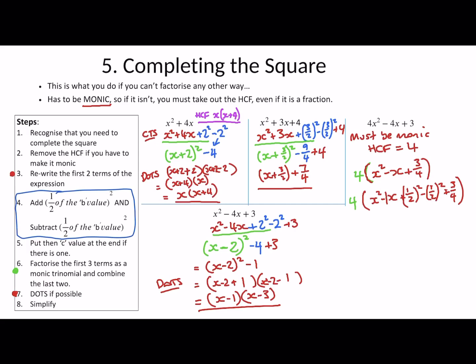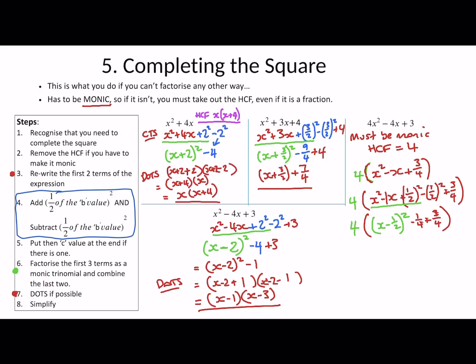Okay, equals 4 brackets, comes down, still in green. Now, underline the first three terms, you get brackets x, now it's minus 1, so minus 1/2, close brackets, squared, minus 1/2 squared, which is 1/4, then plus our 3/4 on the end, and close the 4 brackets.